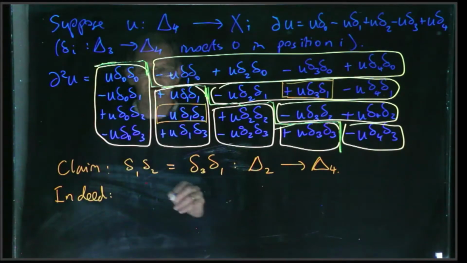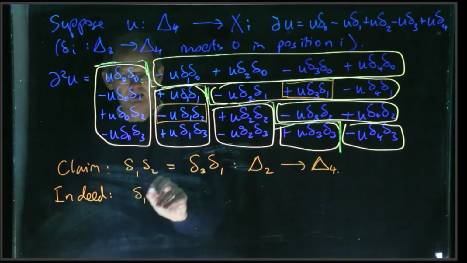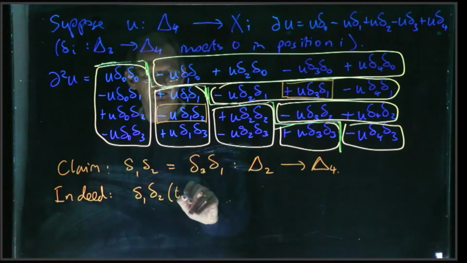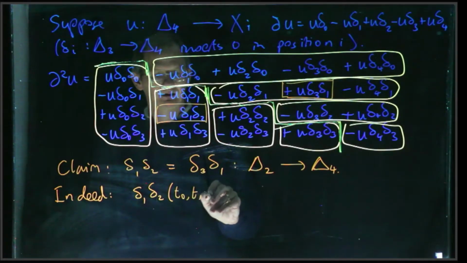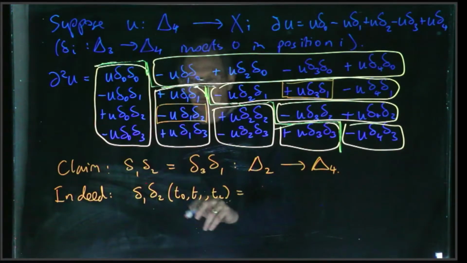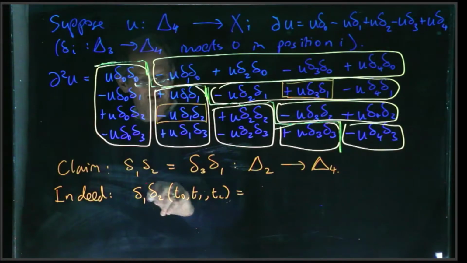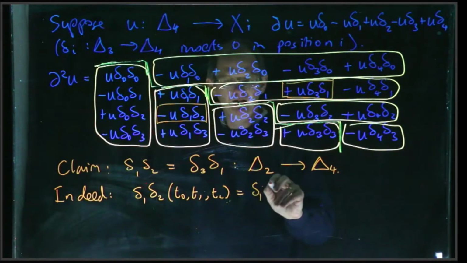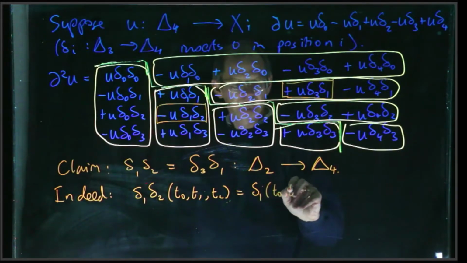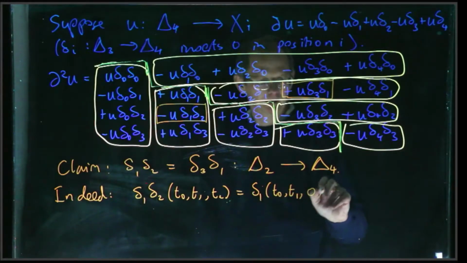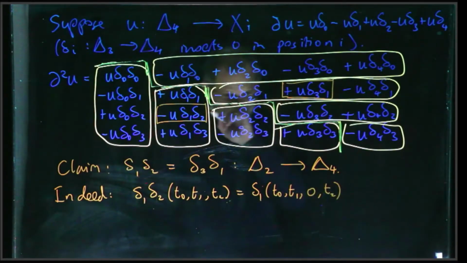So how does that work? Let's look at delta_1 delta_2 of a point in the 2-simplex, so it's like (t_0, t_1, t_2). We're doing delta_2 first, the delta_2 that inserts a 0 in slot 2. So that's delta_1 of (t_0, t_1, 0), where we insert the 0 in position 2, pushing the t_2 to the right.